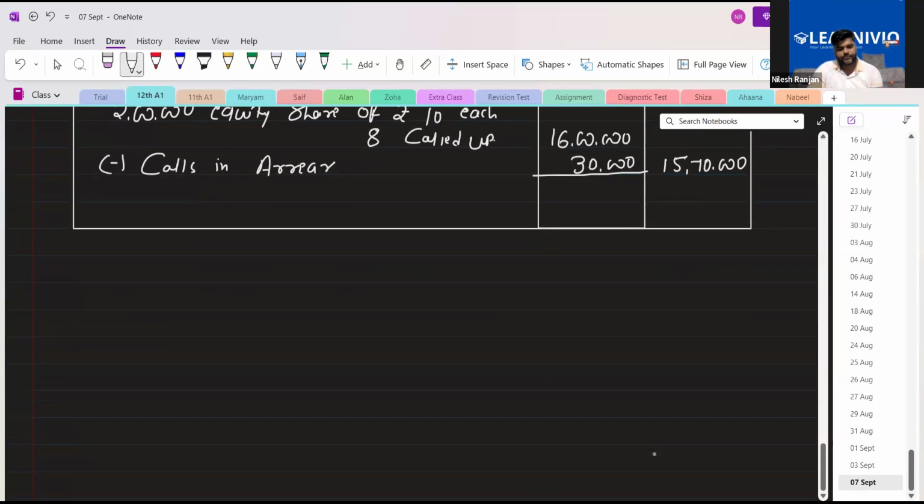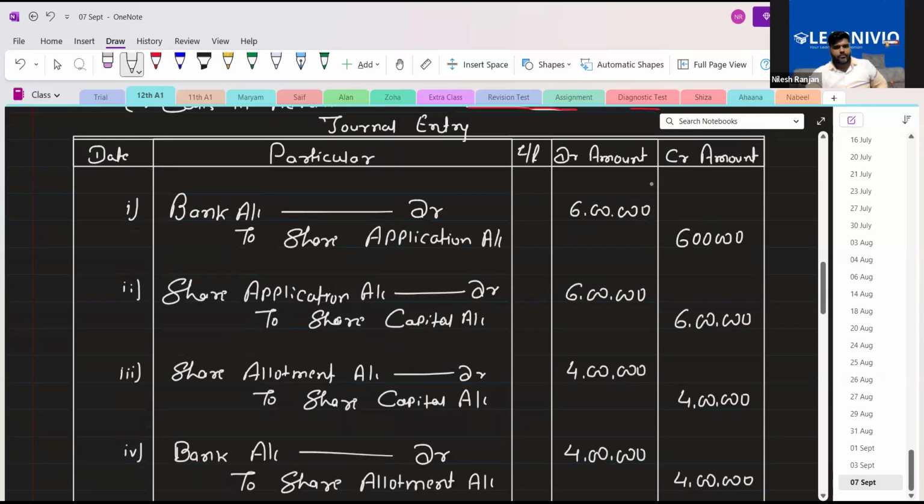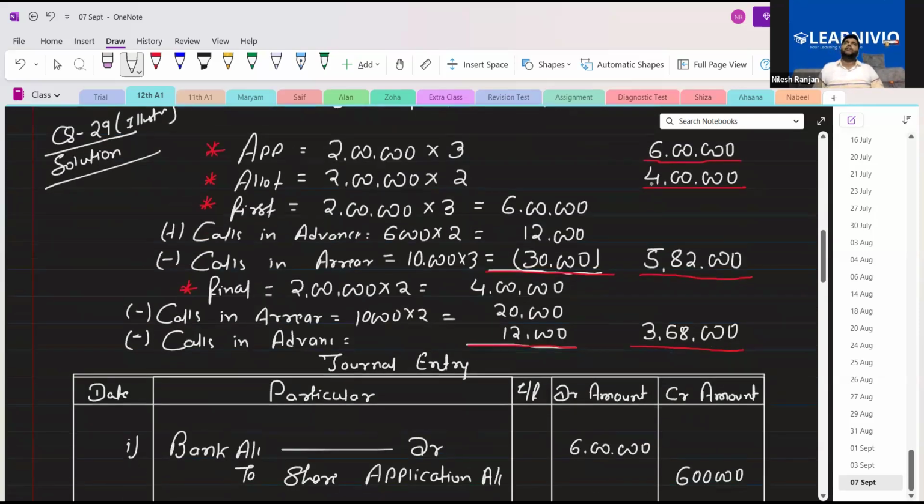Done? So this is our solution of calls in arrear and calls in advance.